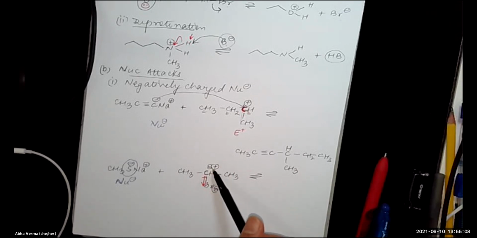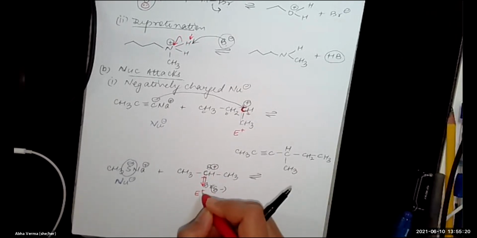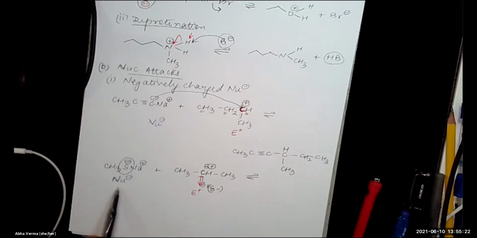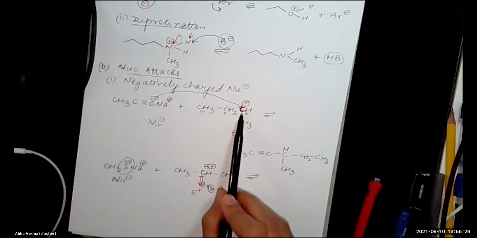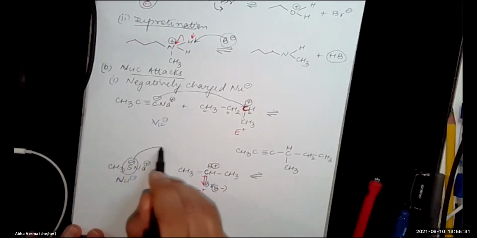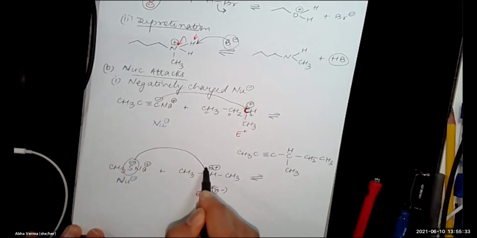So this is not a formal positive charge, this is just a partial charge, but nonetheless, it is enough to make this carbon my electrophilic site. So knowing your nucleophilic site and your electrophilic site is also very important. So what am I going to do? I'm going to do my regular attack.